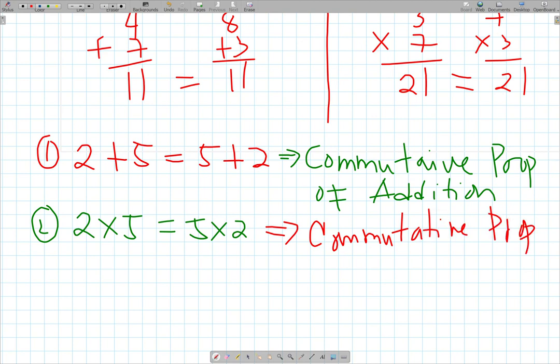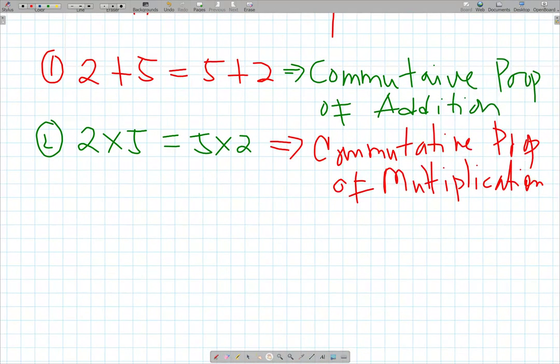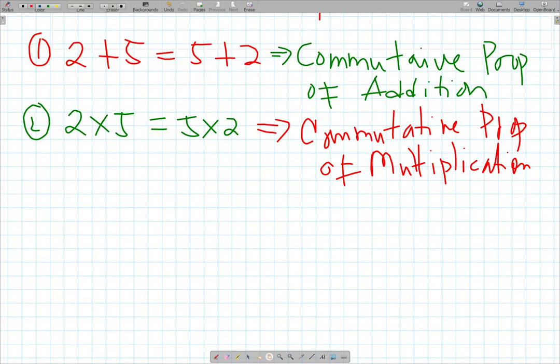So ano ba ang operation dito, class? Ang operation dito ay times, no? So that is commutative property of multiplication. Okay?